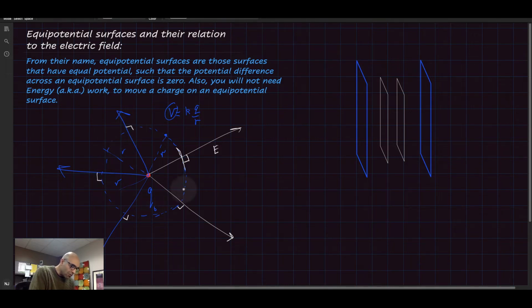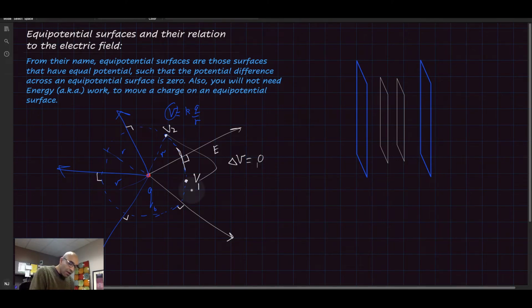And they form a surface where the potential difference is equal to zero. Because if you calculate V here, let's call this one V1, and V here, call this one V2, delta V will be equal to zero. That's what I mean: the potential difference on the equipotential surface is equal to zero.